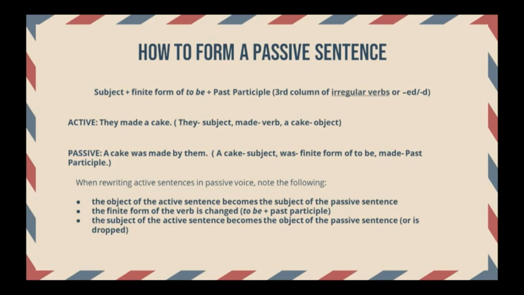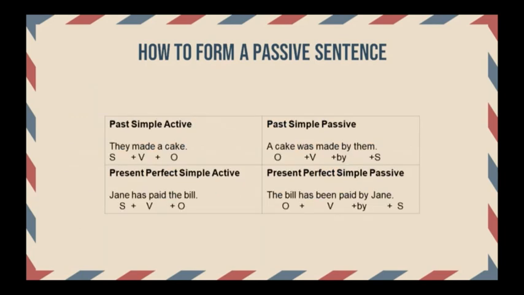Now here in this table you have some examples. Let's start first with the past simple active form. If you have a sentence in past simple, they made a cake, here they is a subject, made is a verb, a cake is an object. And if we want to put this active sentence in passive voice, here it is: a cake was made by them.